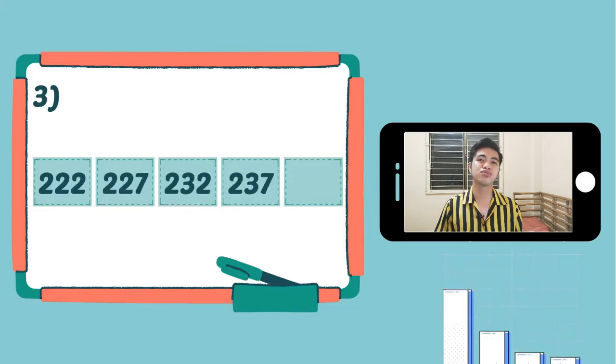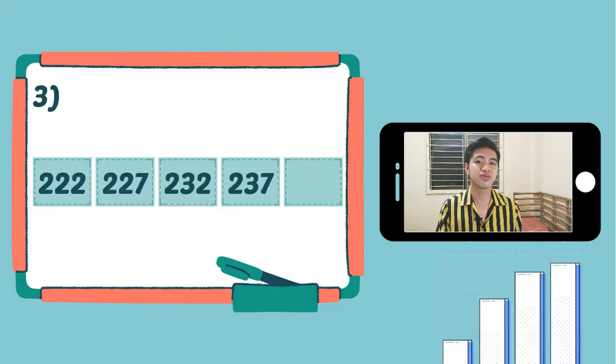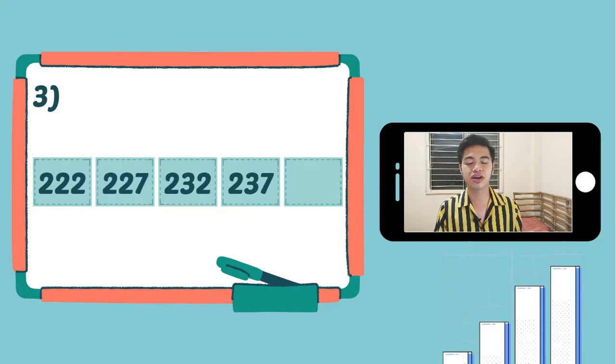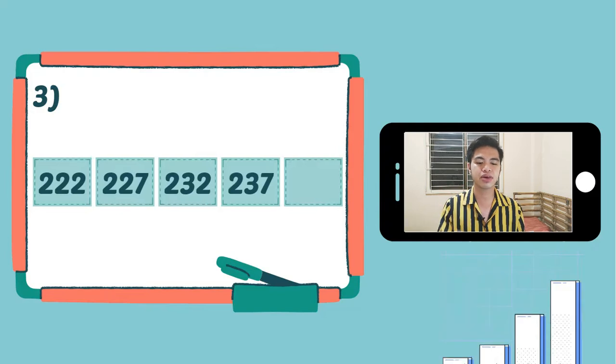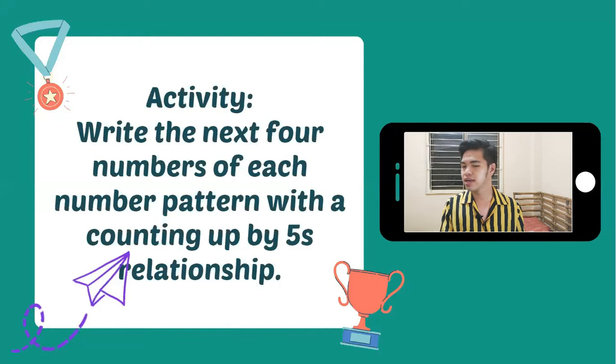So we're just going to do the same thing for the following example. So for the number 3, since the last number is 237, we're just going to add 5 into it and it will be 242. Very good. So now we're going to have another activity.